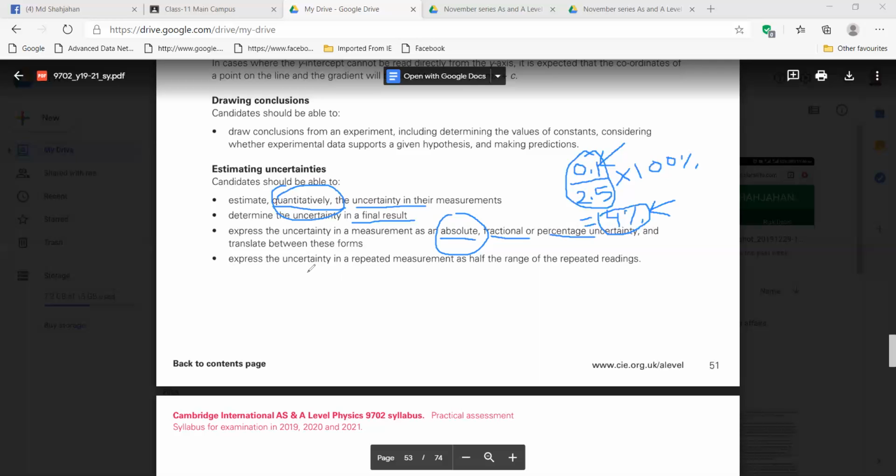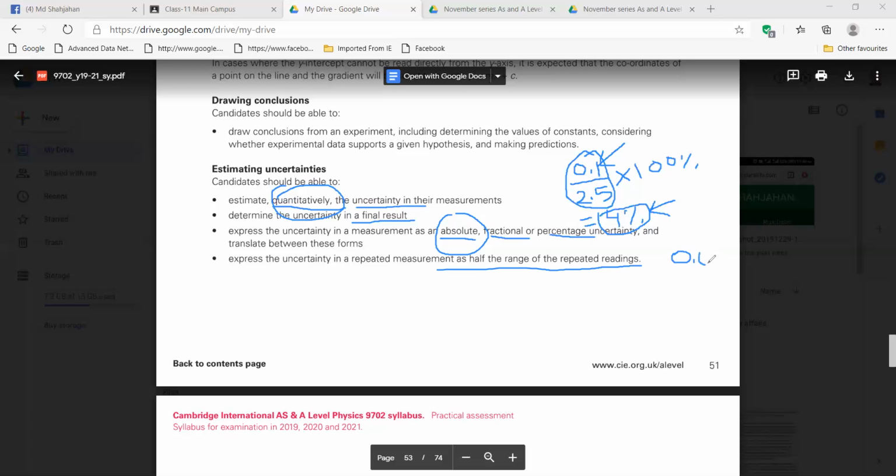Express the uncertainty in a repeated measurement as half the range of the repeated readings. Look, I said here that 0.1 is the smallest value in the stopwatch, right? But when you are taking 3 readings or 5 readings and taking the average, that time you will not write 0.1, rather you will write 0.05, right?